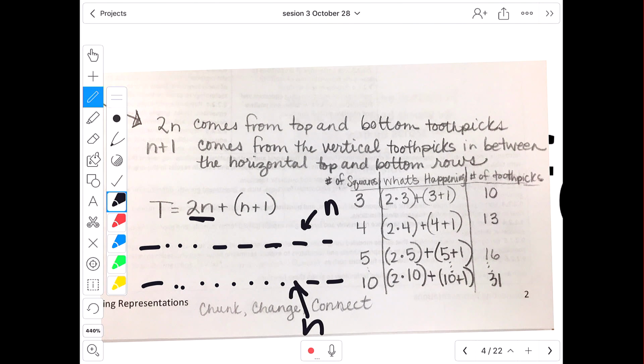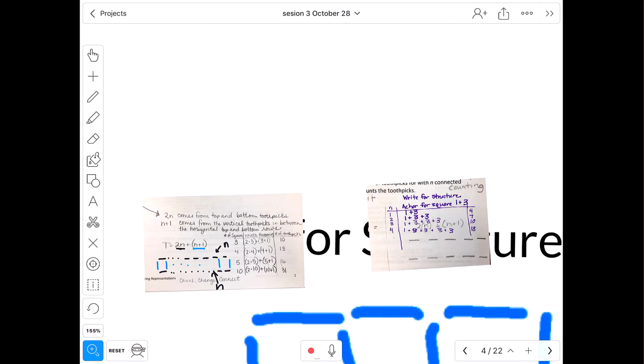Correct. And then when you put the vertical toothpicks in, separating it out and making the actual squares, when I counted them across, there was one more than the number of squares that were made. So that's n plus 1.